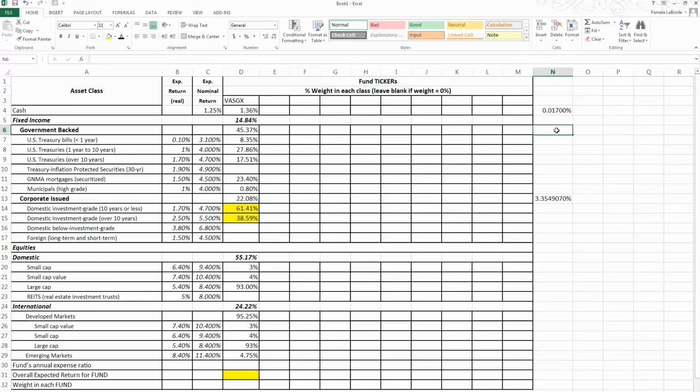Now I would like a value for my fixed income portion, which is comprised of some government-backed, well actually all government-backed. Oh, let me restate that. I want a number for the government-backed portion of my fixed income, which is broken down in these different allocations.